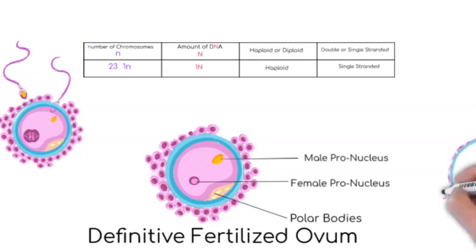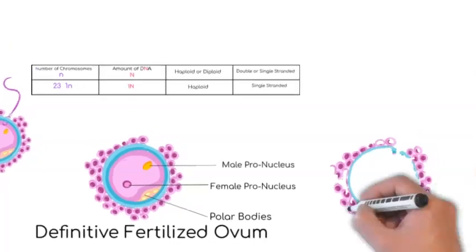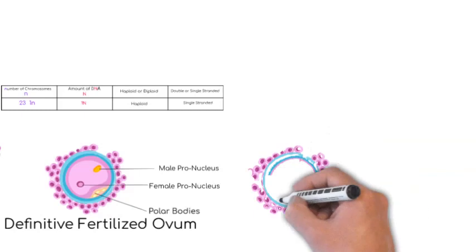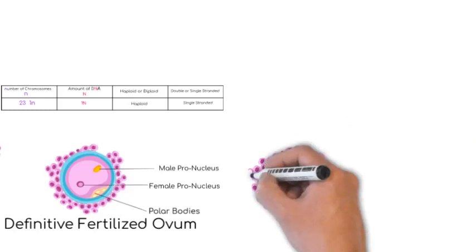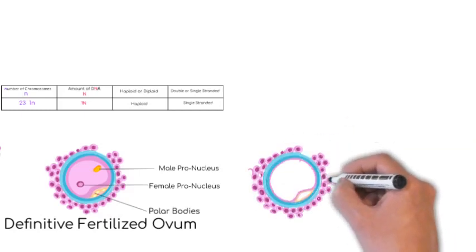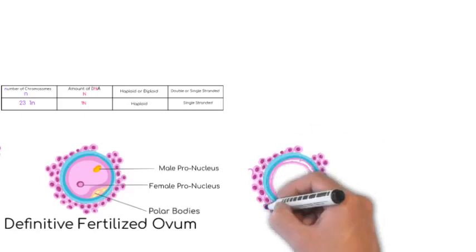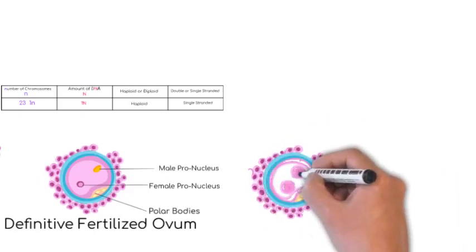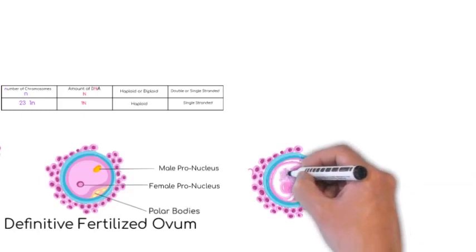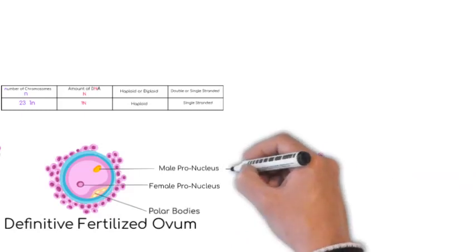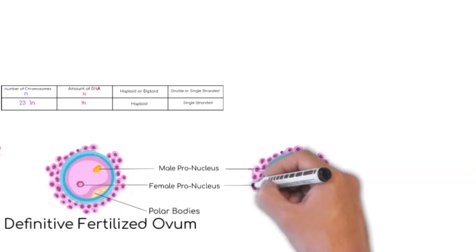So the ovum had its own 23 chromosomes, and it formed the female pronucleus, and then the sperm brought the 23 chromosomes from the male, and that formed the male pronucleus. All of this is inside this one egg or one ovum.